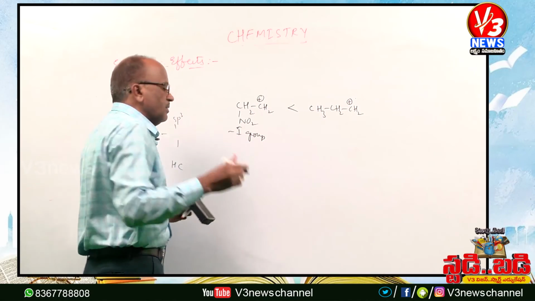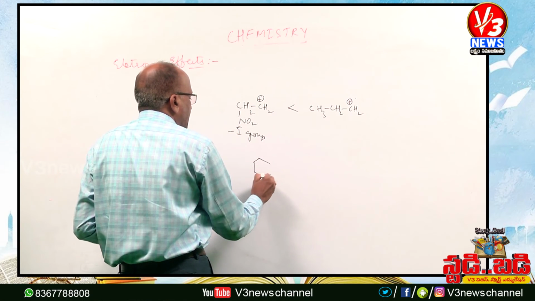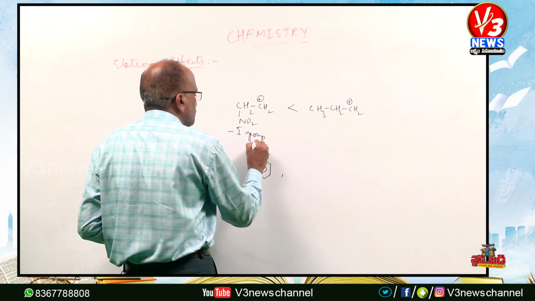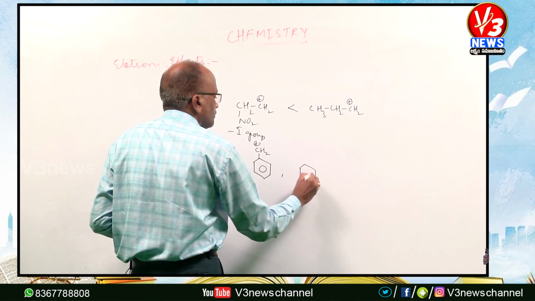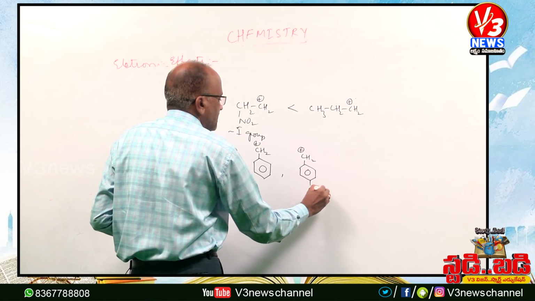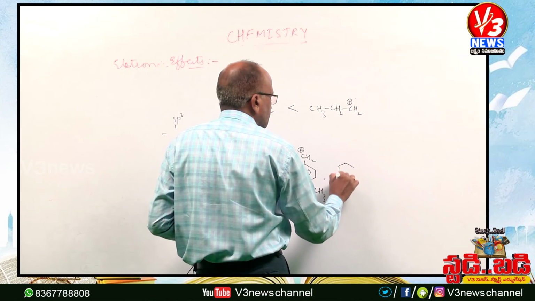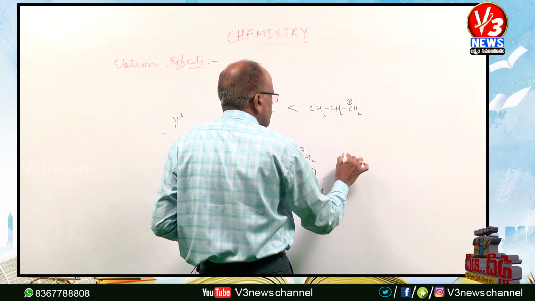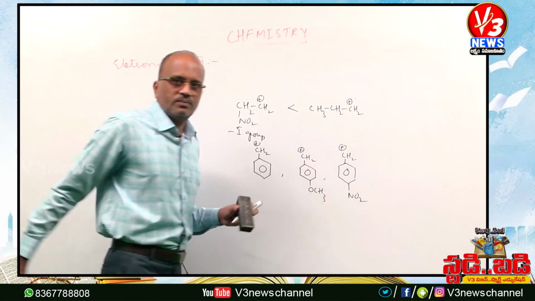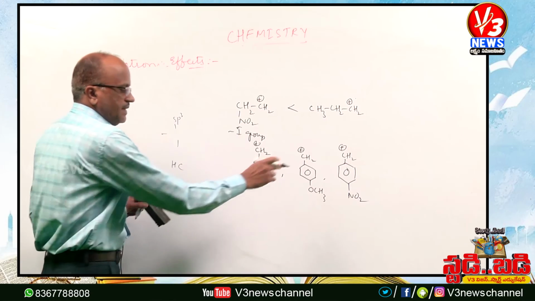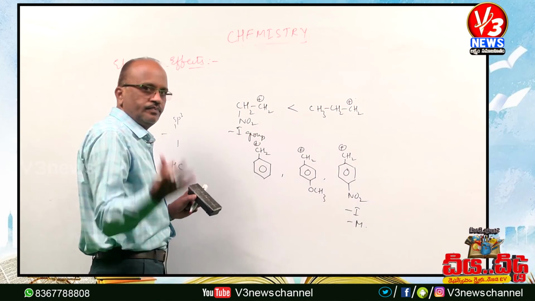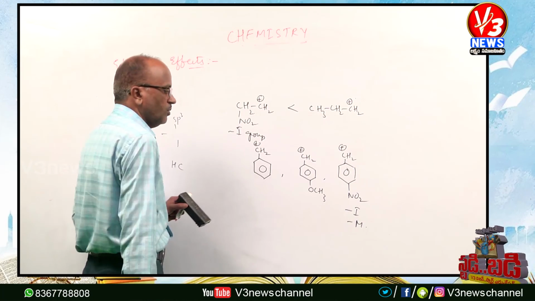We will take some benzyl carbocations, CH2 plus. Here let it be OCH3. Here NO2. Now if you see this one, this is a minus I group and also a minus M group. It is a strongly electron withdrawing group.